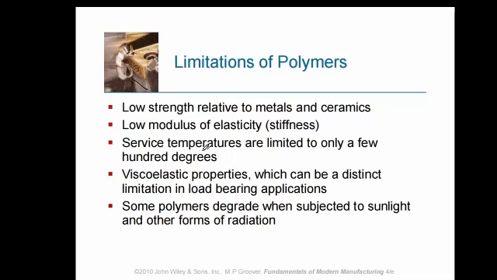And polymers, for example plastics, can only be used in limited temperatures. At higher temperatures, they can melt or become liquid. Sometimes they can char if they are thermoset plastics.